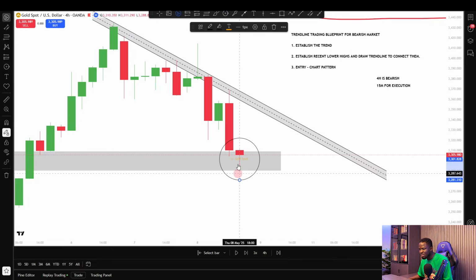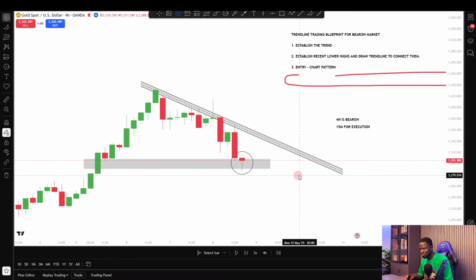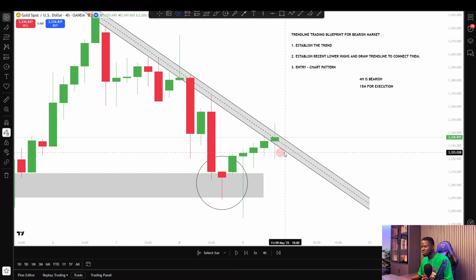You can see this hammer candlestick formation. It represents buyers. It's a bullish reversal candlestick pattern. So let's see the formation of the next candlestick and let's wait for buyers to push the price action and mitigate our trend line. Finally, price action mitigates our downtrend line.